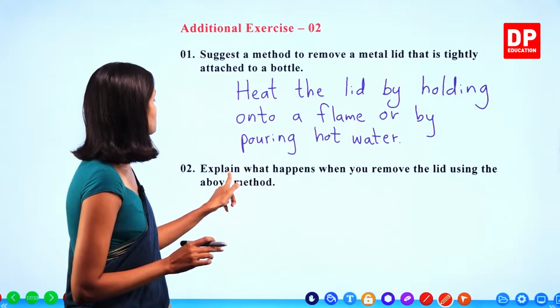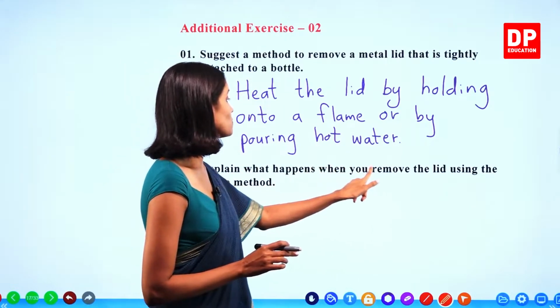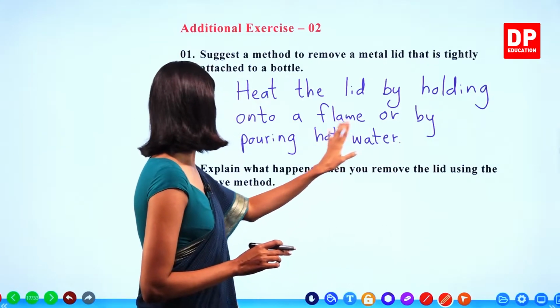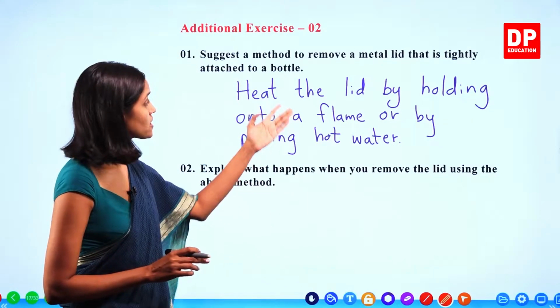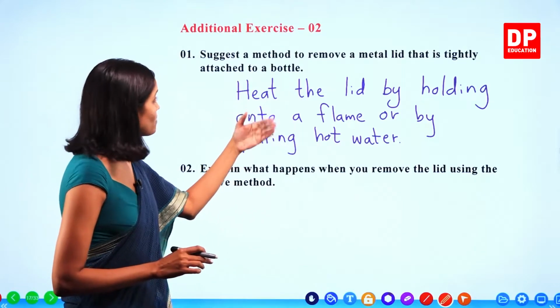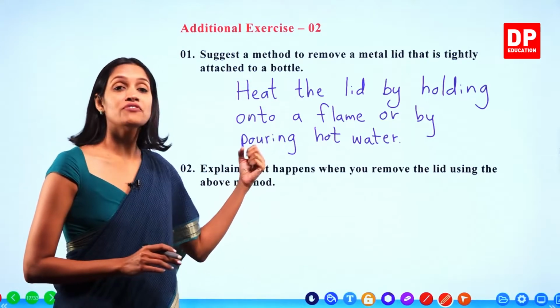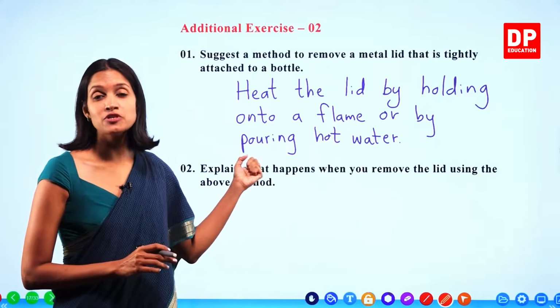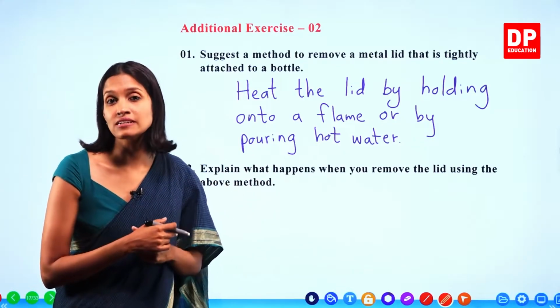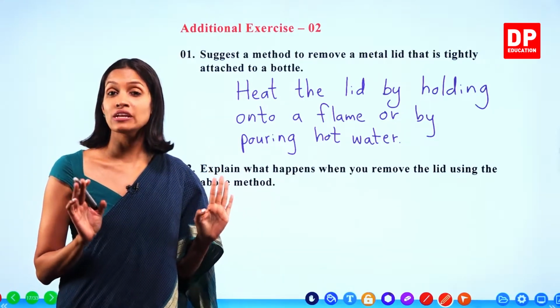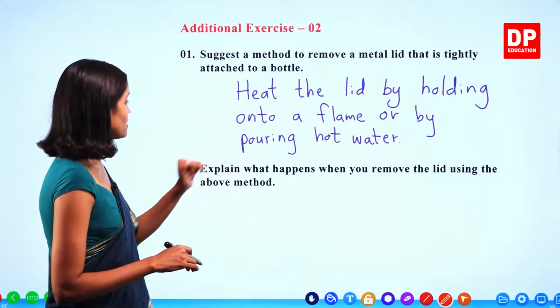Okay. Explain what happens when you remove the lid using the above method. What happens I already explained. When we heat the lid, because of the absorption of heat, what happens to the lid? It expands. So the size increases. Thereby, we can remove the lid easily. Okay? Explain what happens.